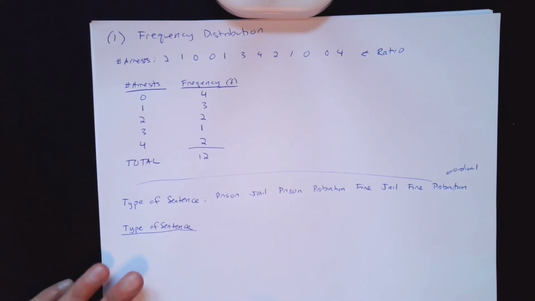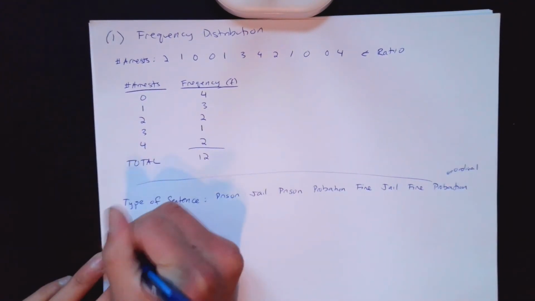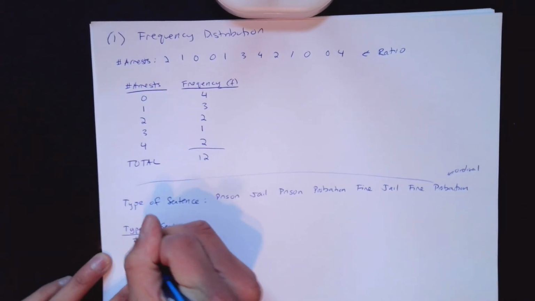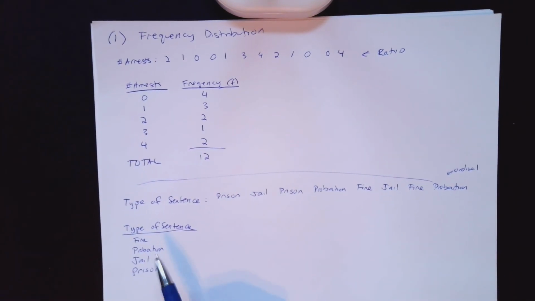So we're going to list them in that order. We got fine, we got probation, we got jail, and we got prison. So again, in this first step here, we've just listed out the different values that our data can take on in this sample of 8 people.